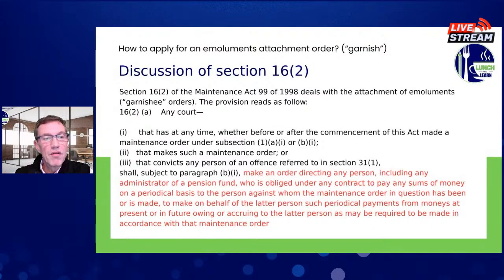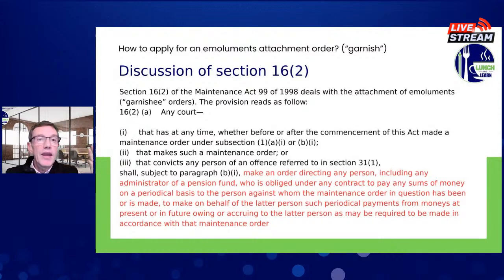I'll make mention of that later. Shall make an order directing any person, including the administrator of a pension fund, who is obliged under any contract to pay any sums of money on a periodical basis, usually a monthly basis, to a person against whom the maintenance order in question has been made, or to make on behalf of the latter person such periodical payments from monies at present or in future owing or accruing to the latter person as may be required to be made in accordance with the maintenance order.